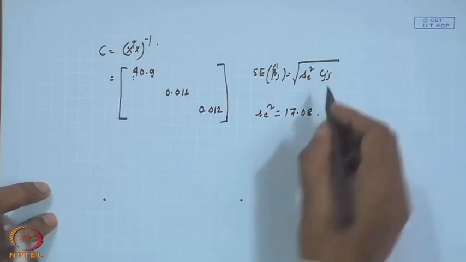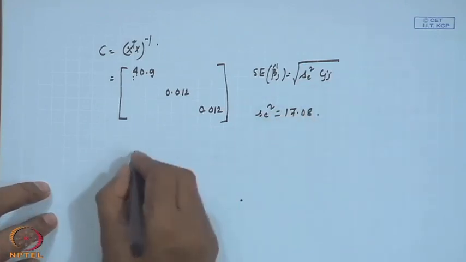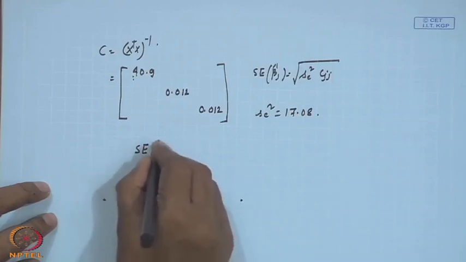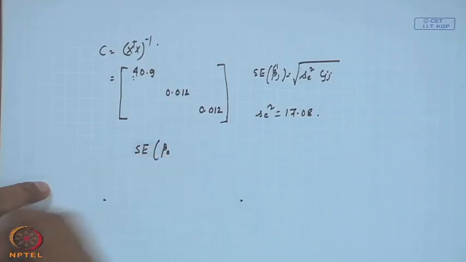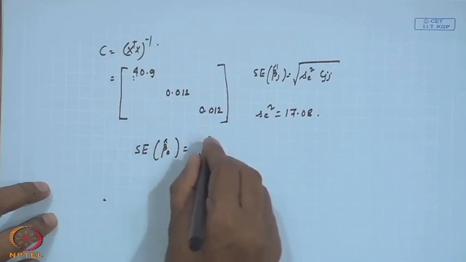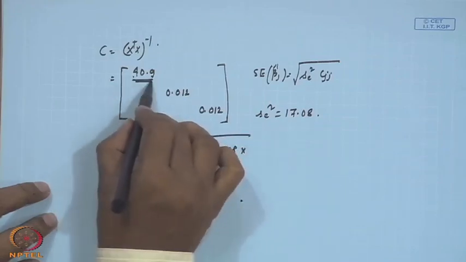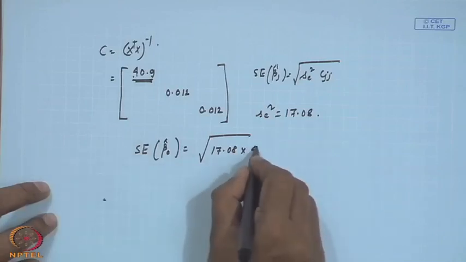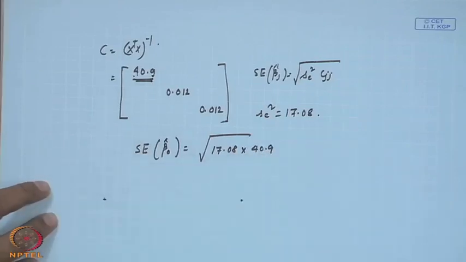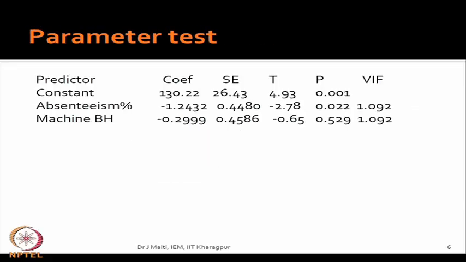So, if I want to find out the standard error of beta 0 cap, then you will be writing 17.08 into what you multiplied? 40.9. So, this value we will get, this value will basically be 26.43.